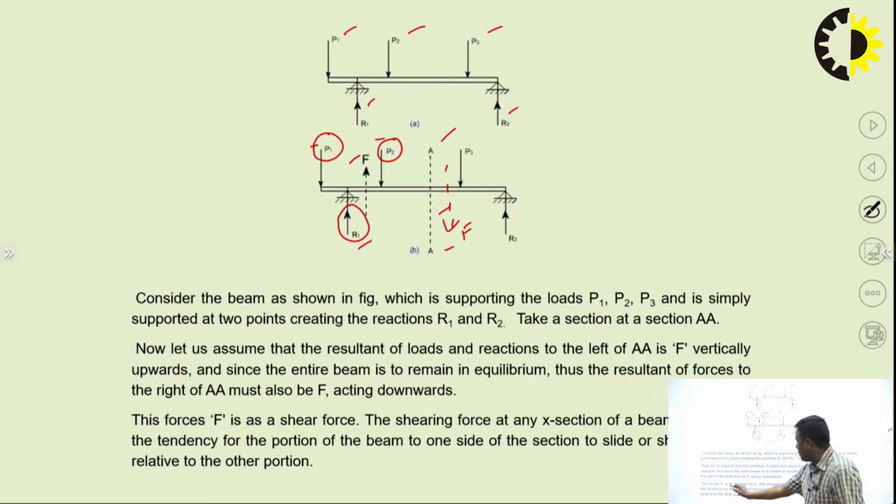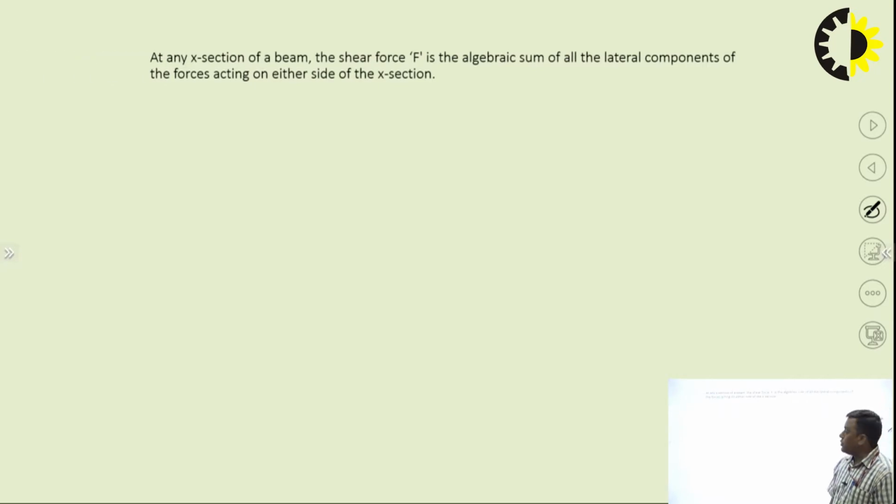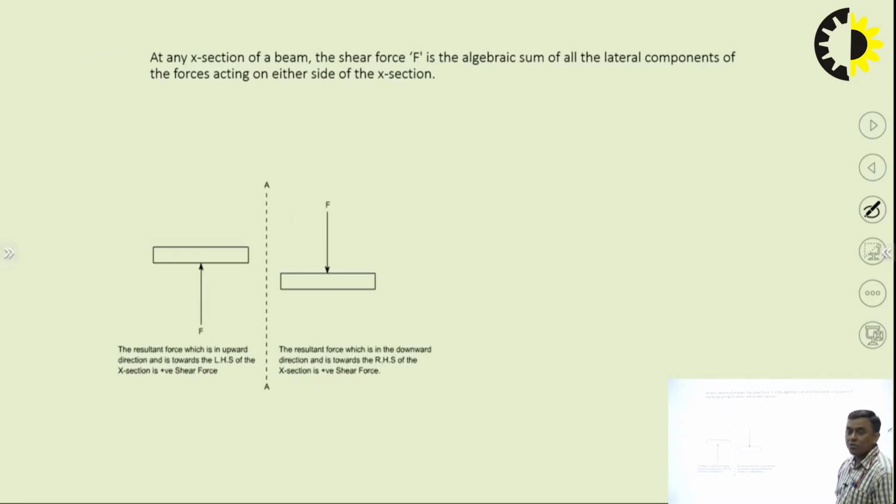This force F is the algebraic sum of all the forces. If I am talking about shear force, then I must also talk about which direction will be considered positive.